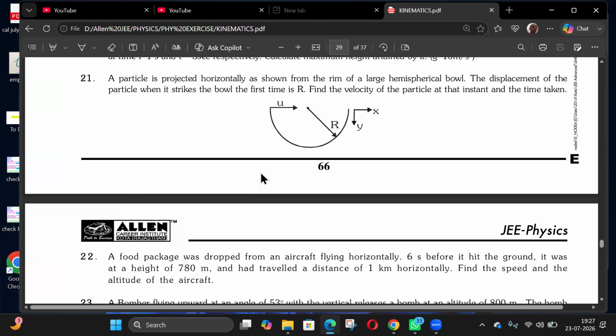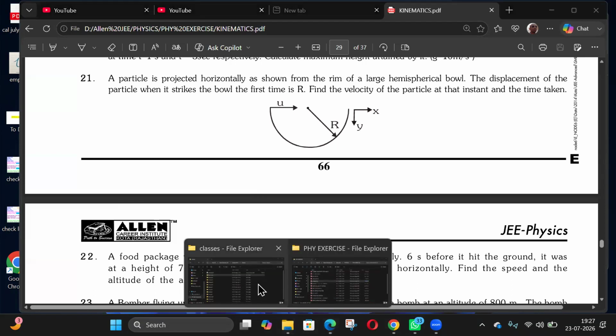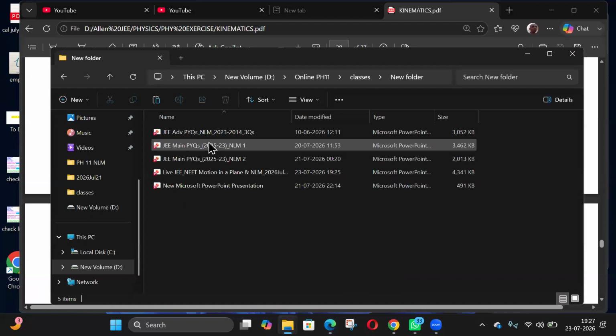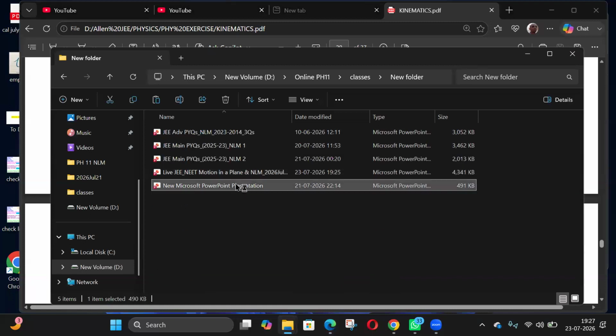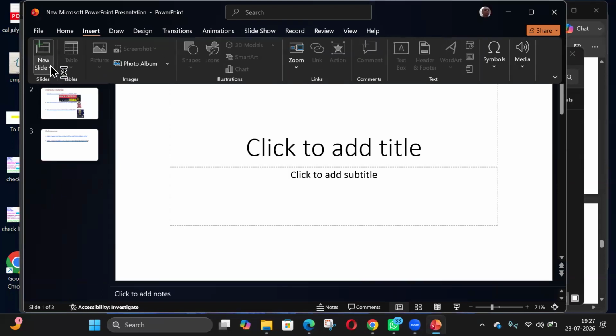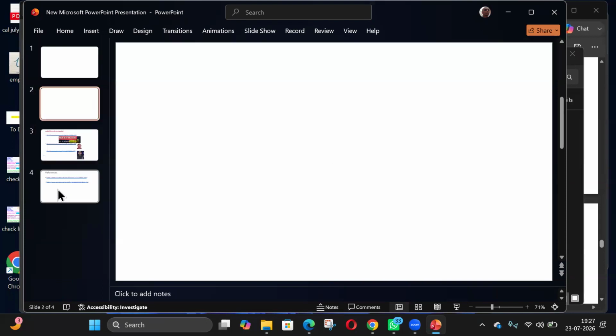U is given, so v minus u by t. In vector addition and subtraction you have to do components, no? I understood your question. I cap cancel.